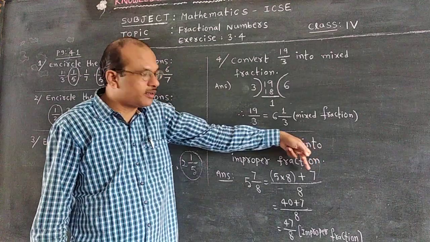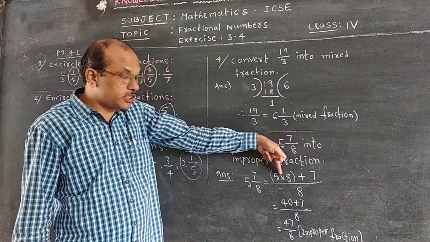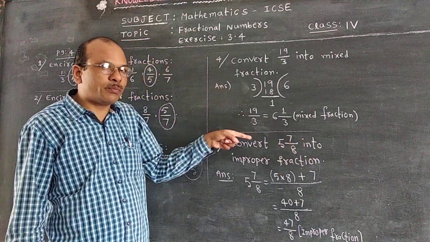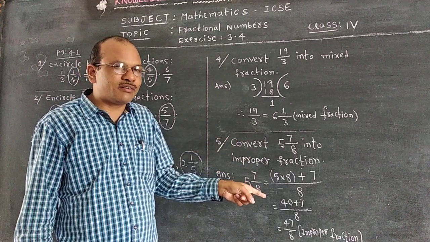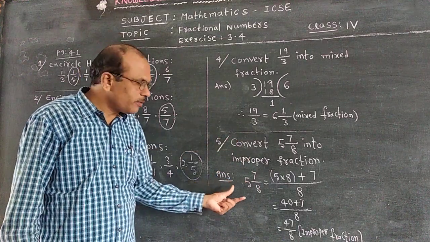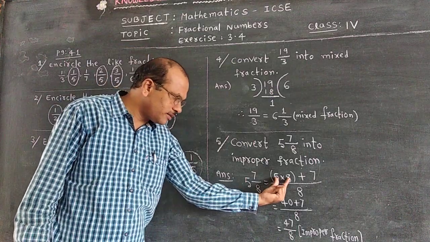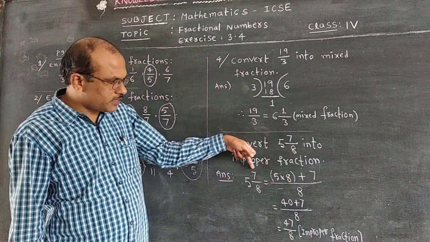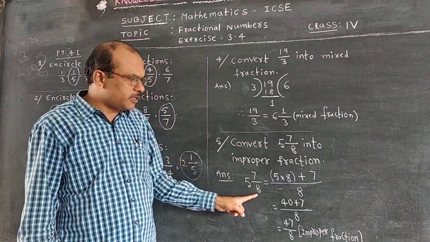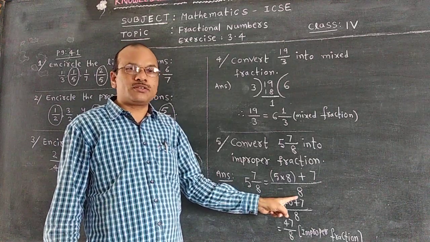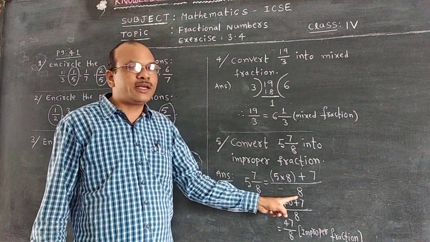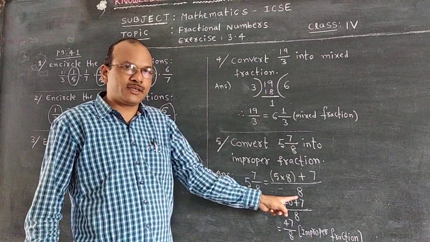Don't forget the procedure through which we are converting. Again I am repeating, 5 into 8 arranged within the bracket, plus 7 is written. Here the denominator 8 is written as it is, because we need a denominator for an improper fraction.